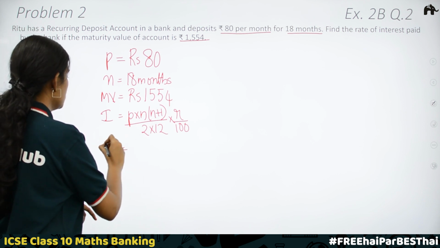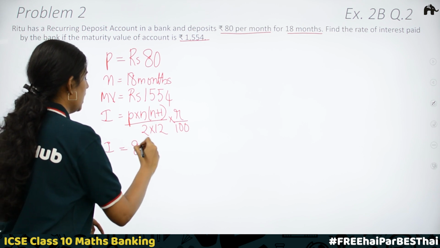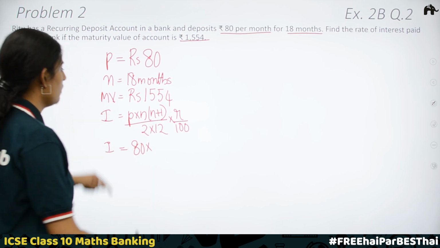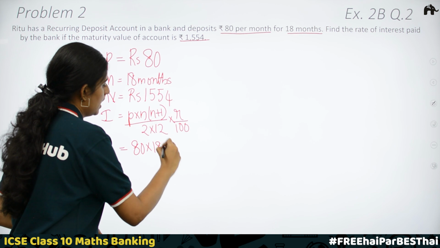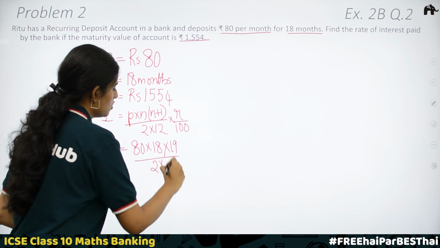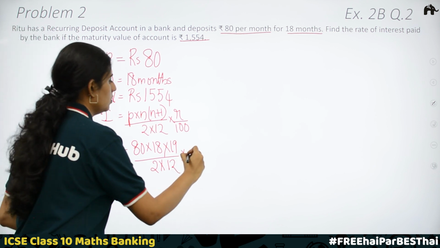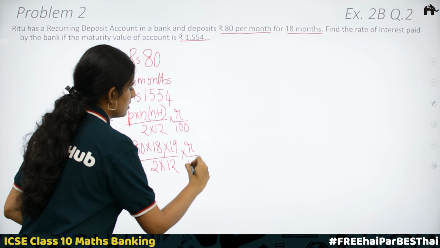Here P is equal to 80. 80 into N value is 18, 18 plus 1, 19 divided by 2 into 12 into R by 100. We don't know what R is.